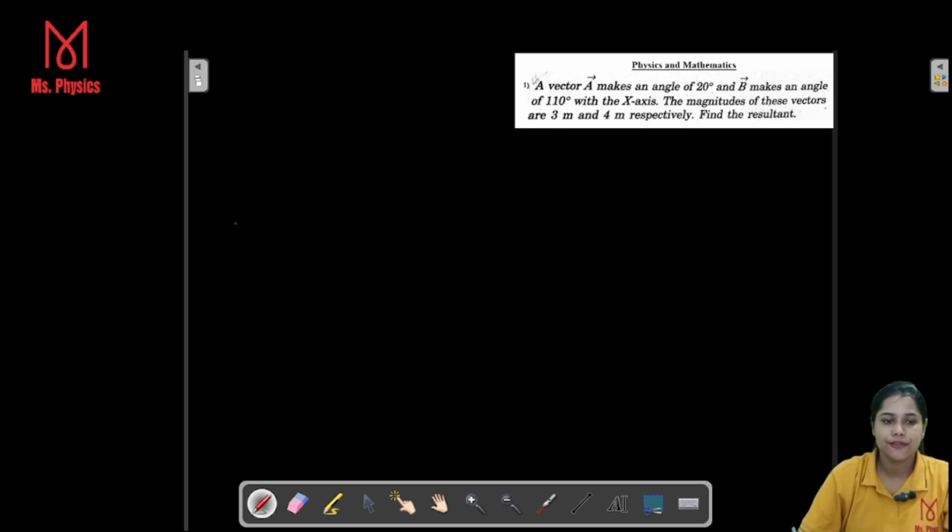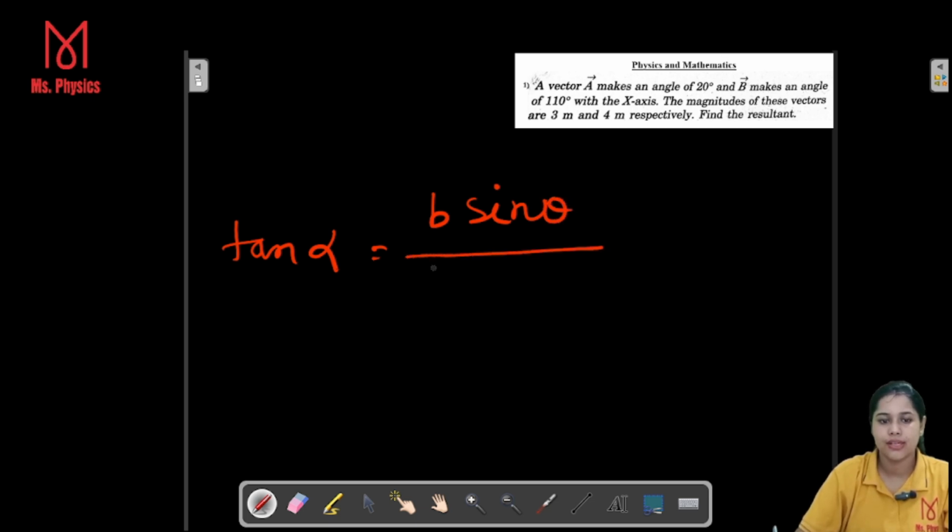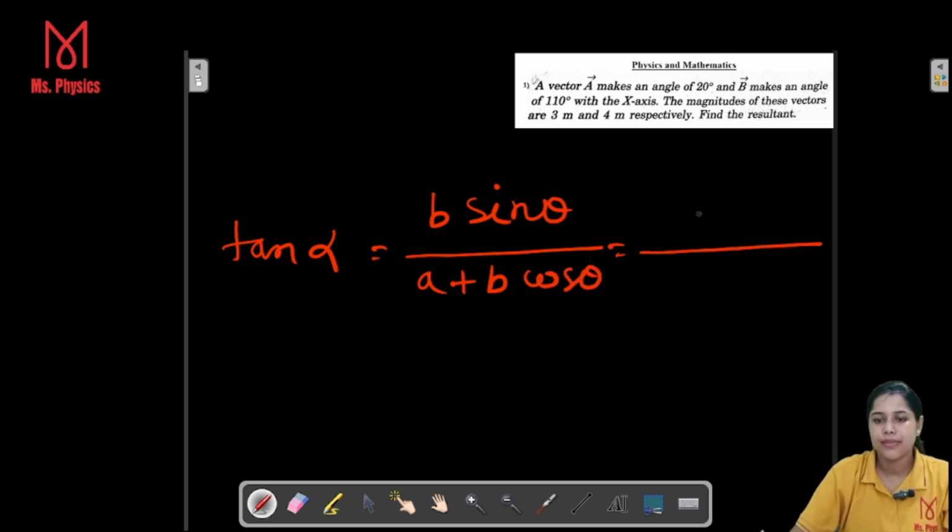Now therefore tan alpha equals B sin theta over A plus B cos theta. This derivation is also in your syllabus, you must practice it. B means 4, so 4 sin 90 degrees, and here A means 3 plus 4 cos 90 degrees.